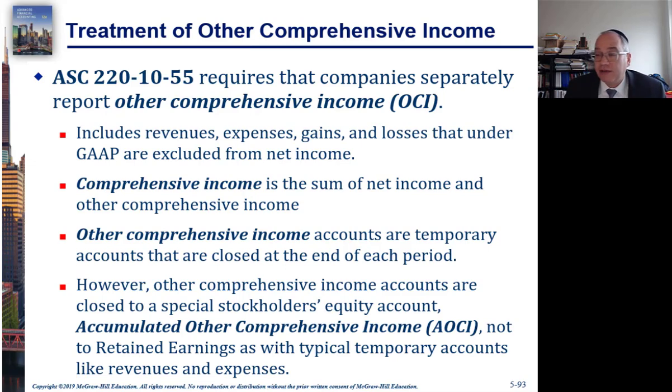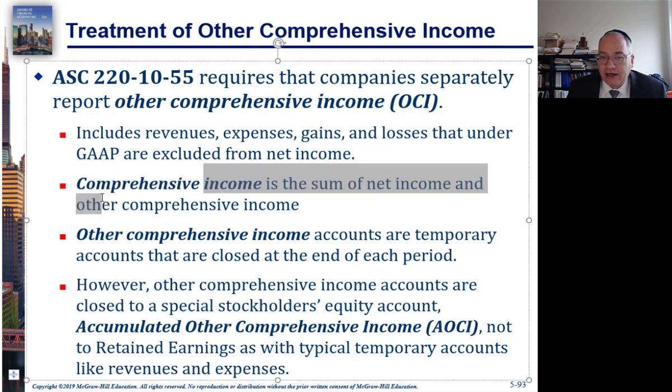Other comprehensive income is kind of like a shoebox. This is where you put items temporarily until something else happens. So we have the category of comprehensive income. Comprehensive income is net income plus other comprehensive income items.